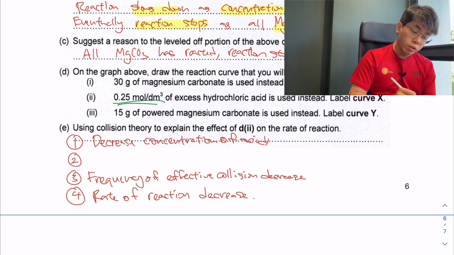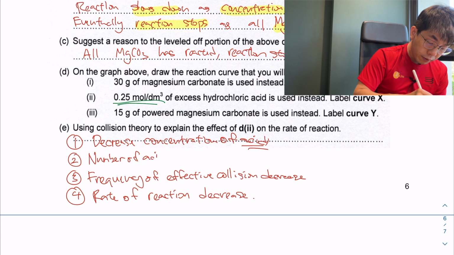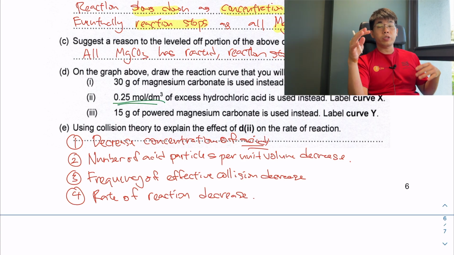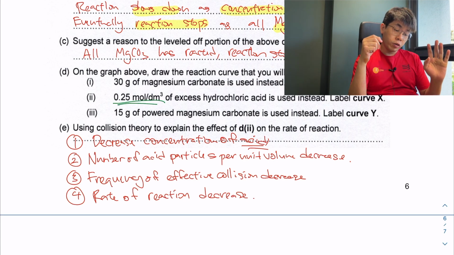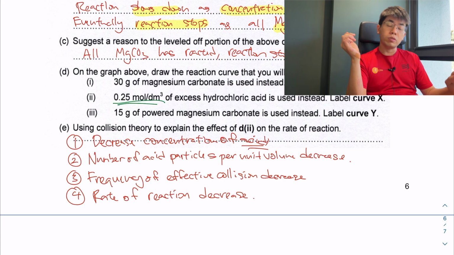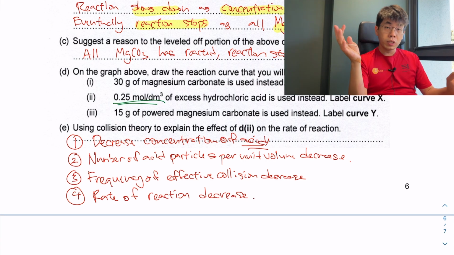In this case, because the reactant is the acid, the number of acid particles per unit volume decreases. So the decrease in concentration of acid leads to the decrease in the number of acid particles per unit volume, which leads to the decrease in the frequency of effective collision, which leads to a decrease in the rate of reaction.